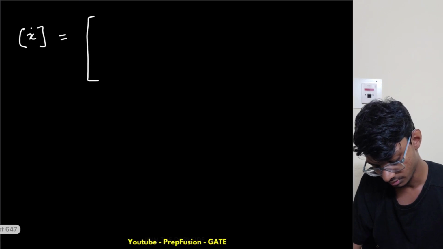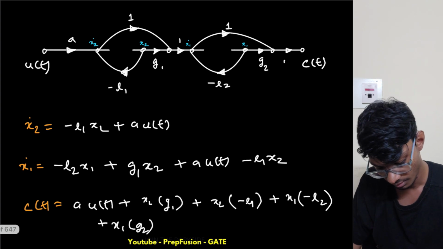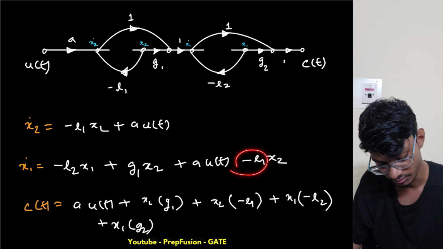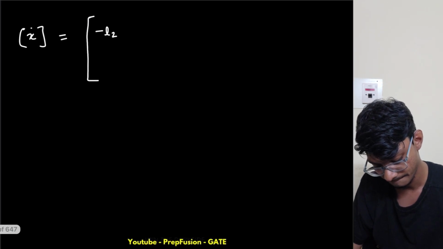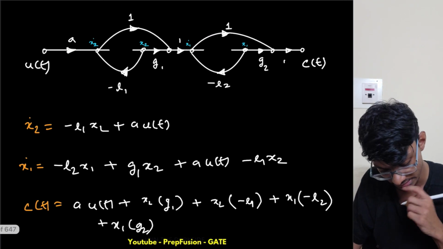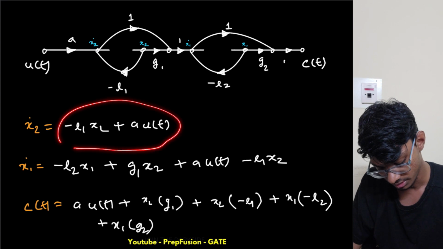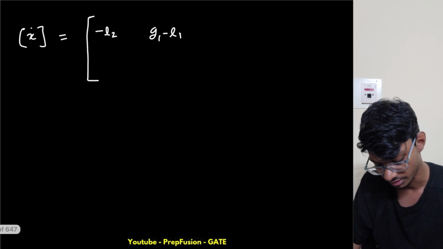So this is minus L2, and this is g1. Okay, and this is minus L1. So g1 minus L1 basically. And what is this? There is no x1 term here, so this will be 0.